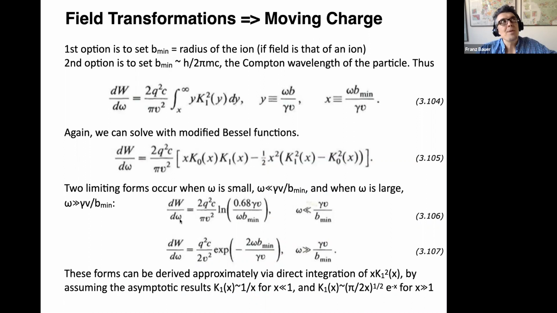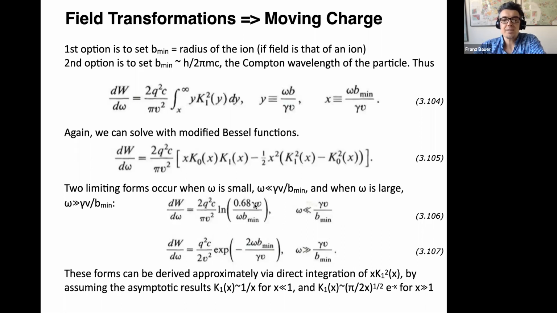When omega is much less than this value here, or when omega is very, very large, and so much greater than this value, in these asymptotic circumstances this thing will be reduced to a form which is a little bit prettier. And so we have something which looks like this when omega is very, very low, and something which looks like an exponential cutoff when omega is very, very high.